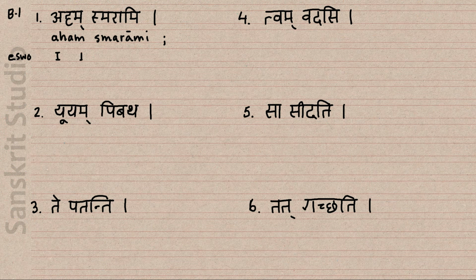So we have an implicit subject in the verb, and it's about smarati, it's about remembering. I remember. Okay, so the solution then, or the answer, is I remember.